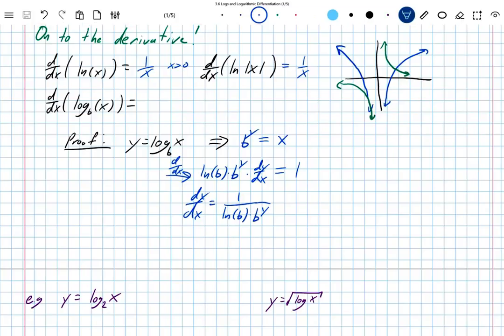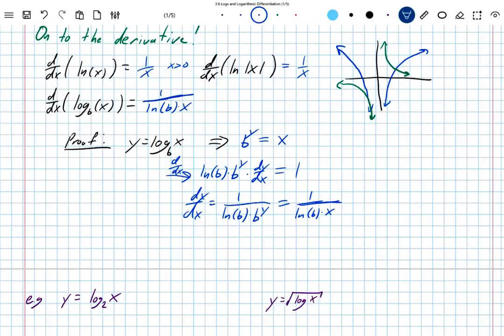So it'd be nice if I had some way of writing b to the y using an x. Oh wait, I do. b to the y equals x. So this is just 1 over natural log of b times x. Ta-da! That's it. Let's write that up here. 1 over natural log of b times x.